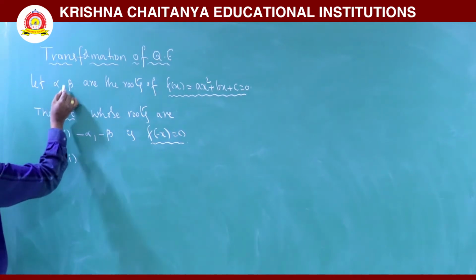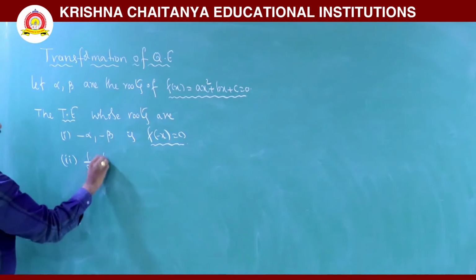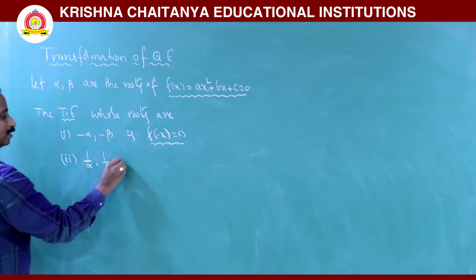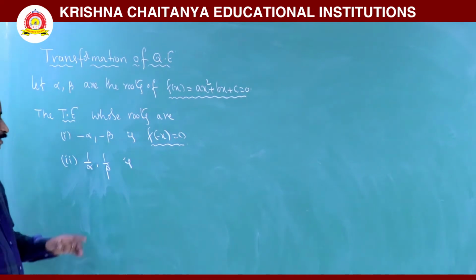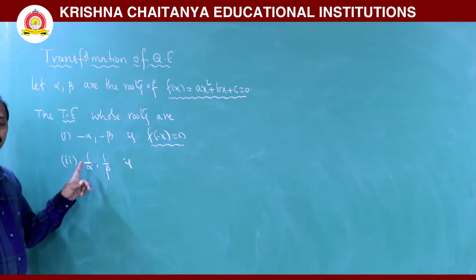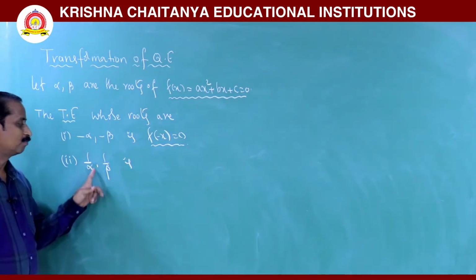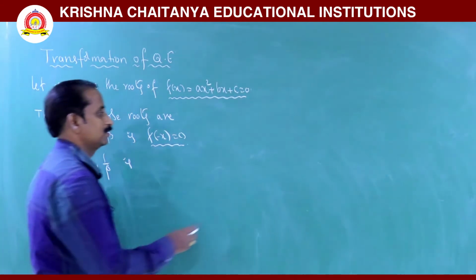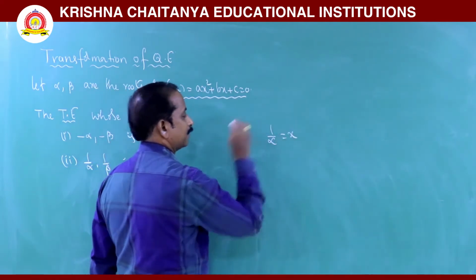Reciprocals means 1 by alpha, 1 by beta. To get the transformed equation, consider 1 by alpha is equal to x.